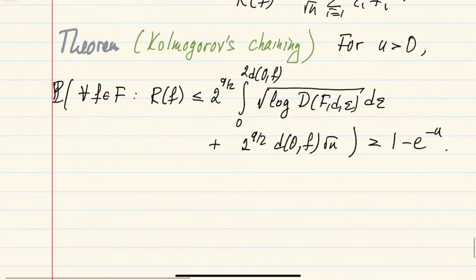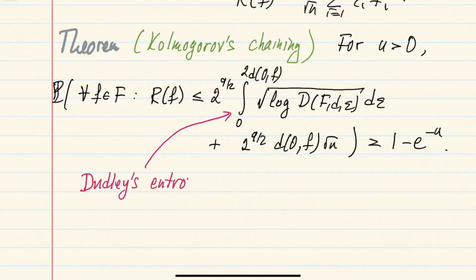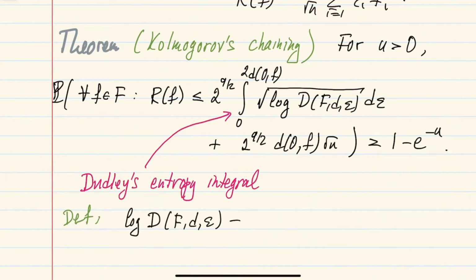And in this result, the first term, this integral, is called Dudley's entropy integral. The name comes from the fact that the logarithm of a covering number or logarithm of the packing number is called entropy or metric entropy.